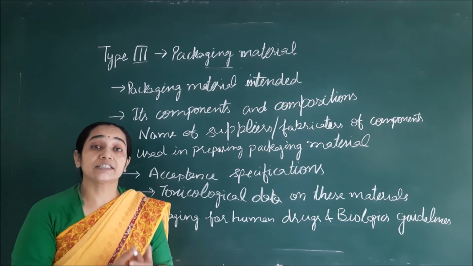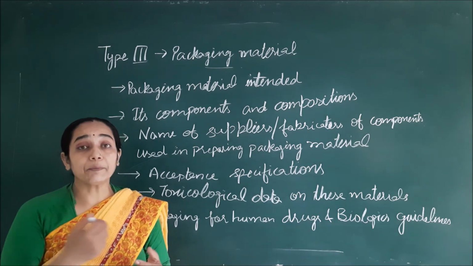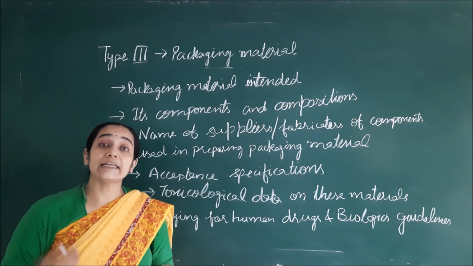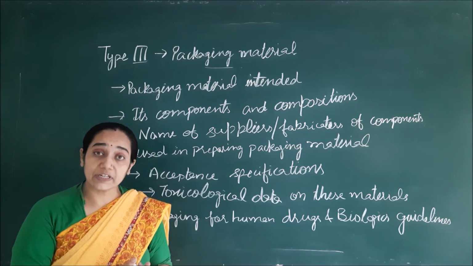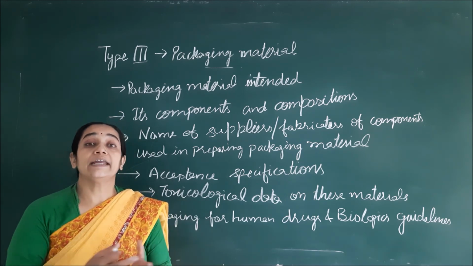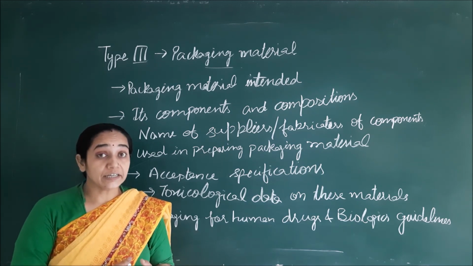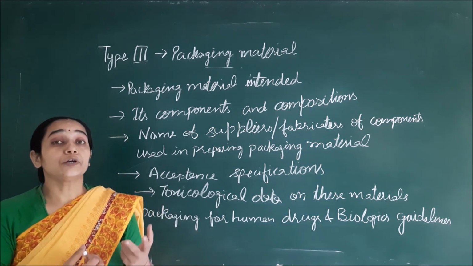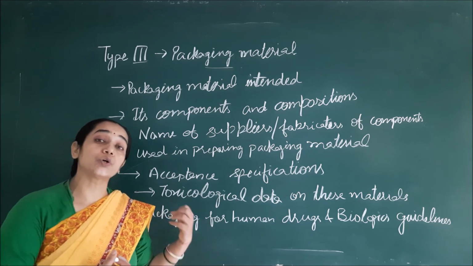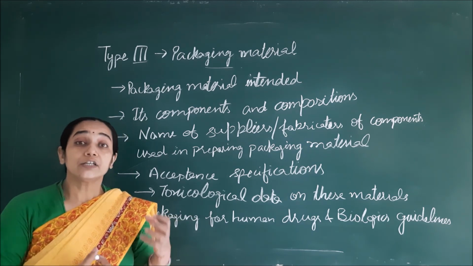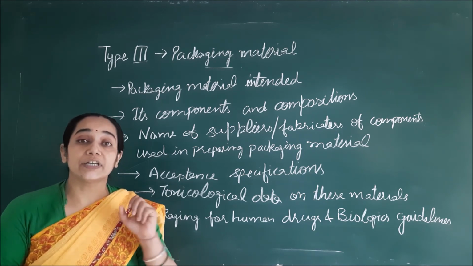Or if there is some corrosivity of the preparation with the metallic container, then internal linings are given, just like epoxy vinyl coatings are given inside the container, so that inertness of the container can be achieved. So this internal lining is done for a dual purpose. For example, certain drugs like insulin get adsorbed over the surface of the glass, so it will reduce the dose of the insulin in an insulin injection.